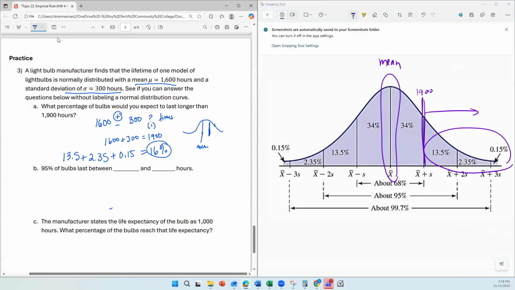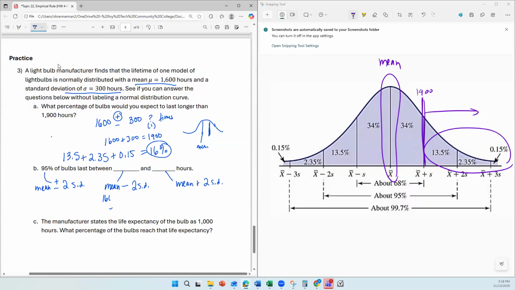All right, then 95%, what you just need to know for 95% is it's going to be plus and minus 2 standard deviations from the mean. So the low end is going to be the mean minus 2 standard deviations, and the high end is going to be the mean plus 2 standard deviations.